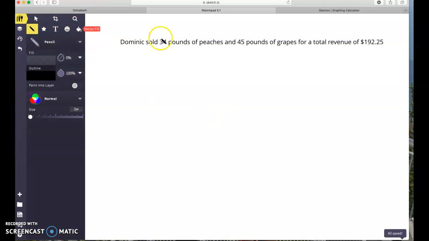Let's go back to our pencil. So he sold 34 pounds of peaches and 45 pounds of grapes for a total revenue of $192.25, right? So we could write 34 pounds, maybe we use P for peaches, and the word "and" usually means plus, 45 pounds of grapes.